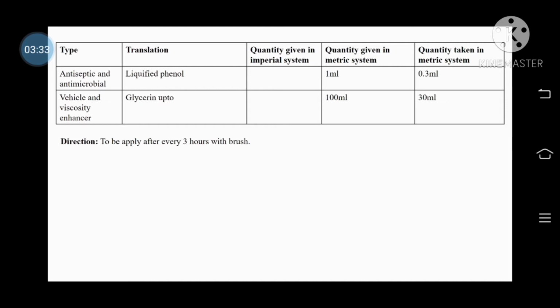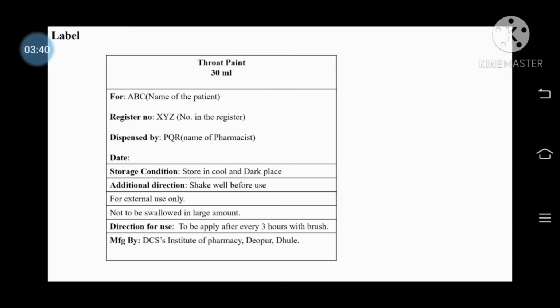Direction: to be applied every 3 hours with a brush. Then the label: throat paint 30 ml for, that is the name of the patient, register number, that is the number in the register, dispensed by, that is the name of the pharmacist, date, that is the date of manufacturing, storage condition: store in a cool and dark place.